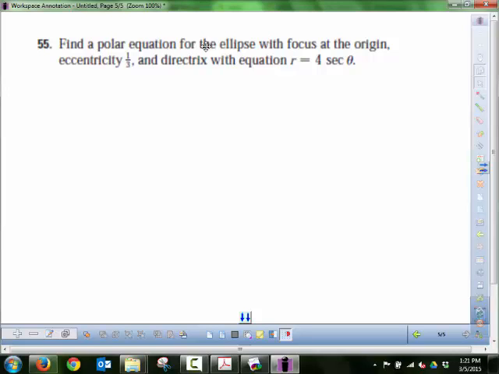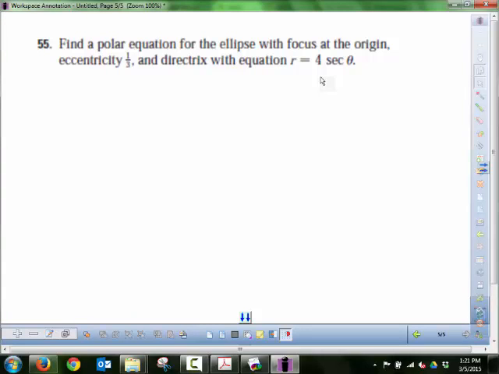All right. Find a polar equation for the ellipse with focus at the origin and eccentricity of 1/3. Directrix has an equation r is equal to 4 secant theta. So what I would probably do is, I'm assuming that r is equal to 4 secant theta is a straight line. Now we just have to figure out if it's a horizontal or vertical line.